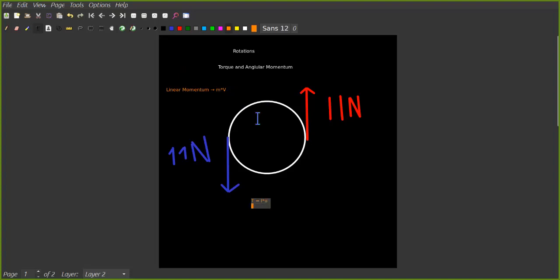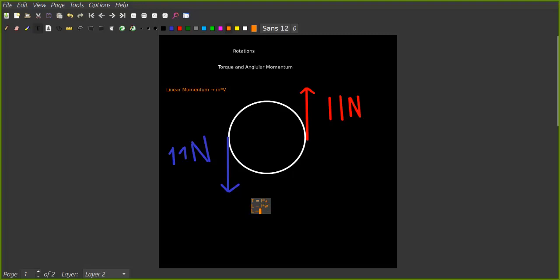And we have L, which is angular momentum, and it's given by I times omega.